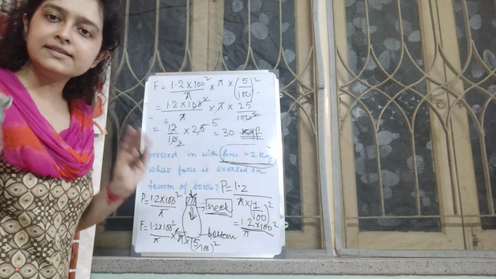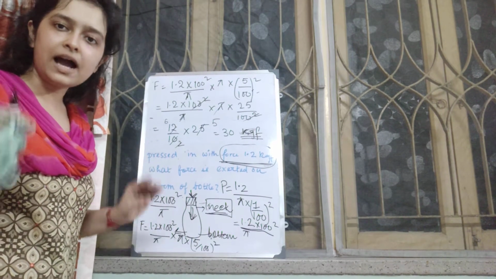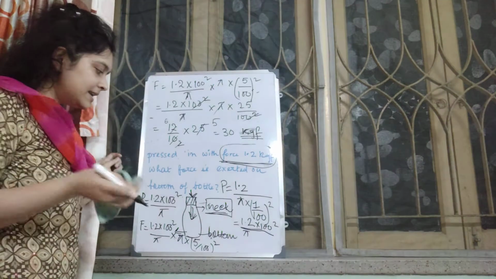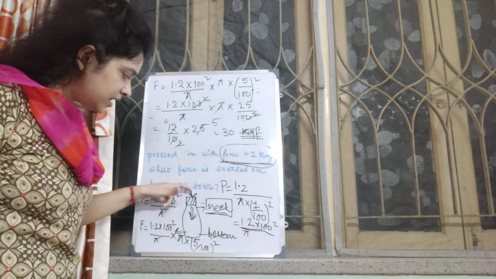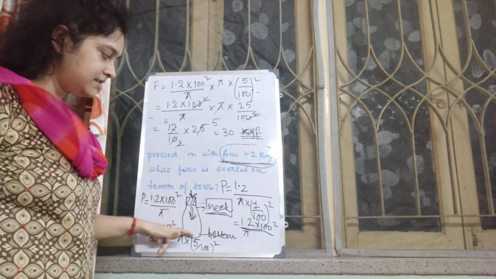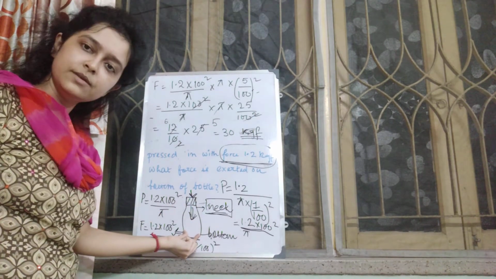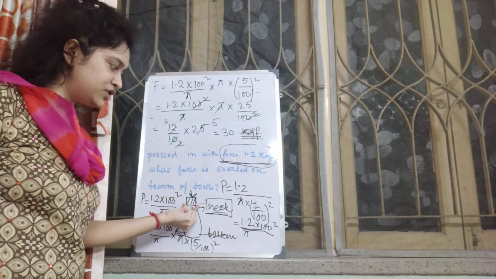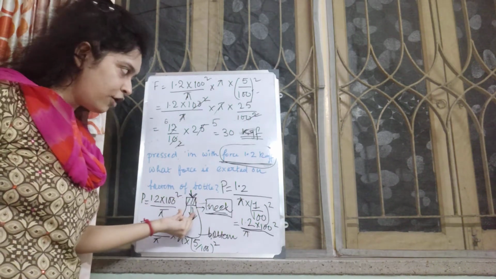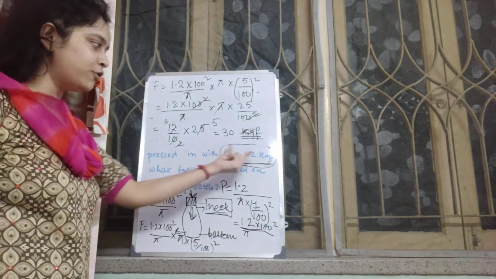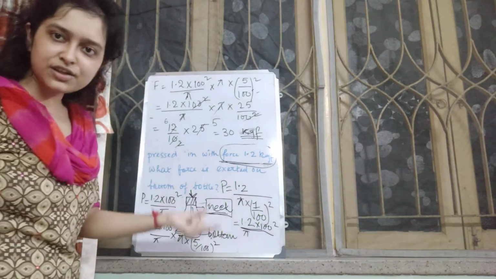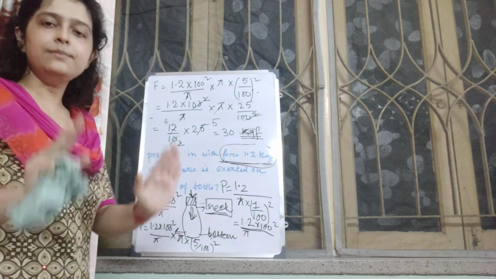So, have you understood the concept, what we have done? Simply nothing but the pressure is getting equally transmitted. The pressure at the neck is same as the pressure at the bottom. So, we have found the pressure at the neck by applying the formula P equal to F by A, because force is given, area is not given but radius is given.